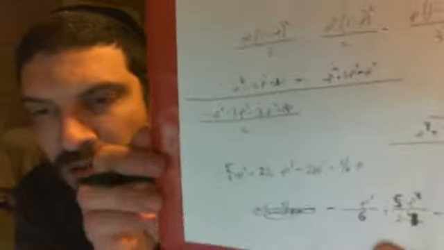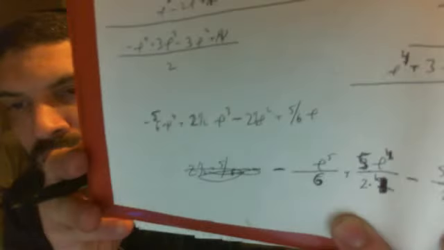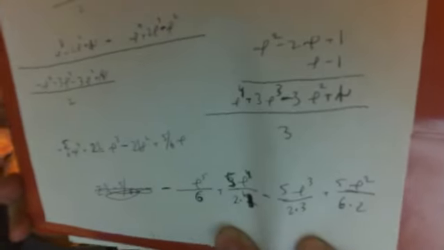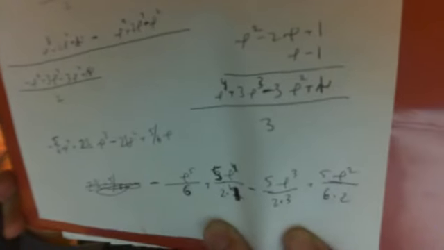Now, this is an expression that's quite messy. Last line. Take a look what's going on here. Minus x to the 5 over 6 plus 5x to the 4 over 2 times 4 minus 5x cubed over 2 times 3 plus 5x squared over 6 times 2.